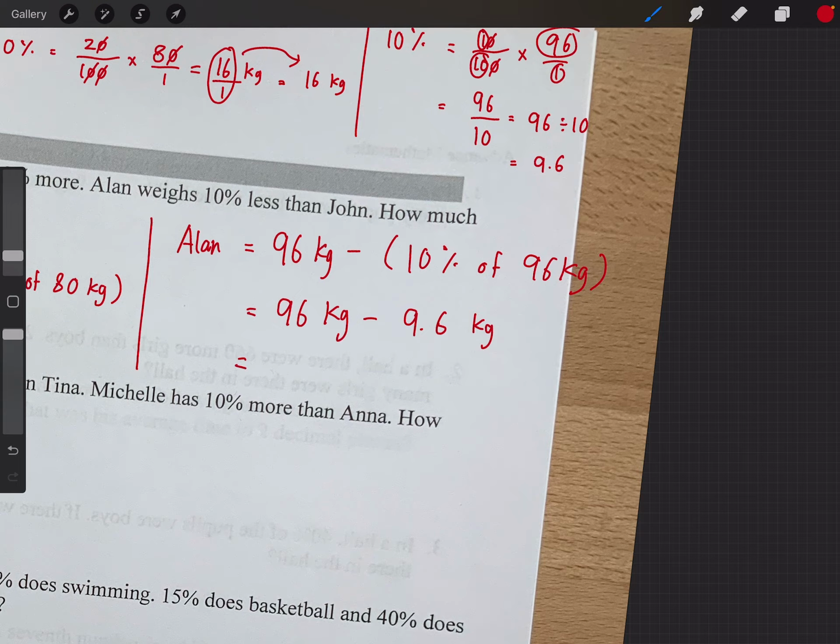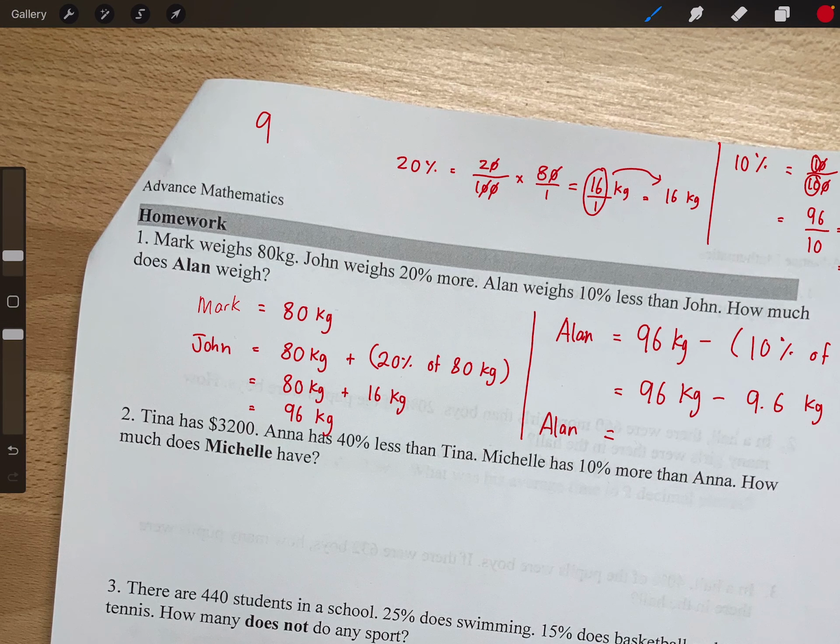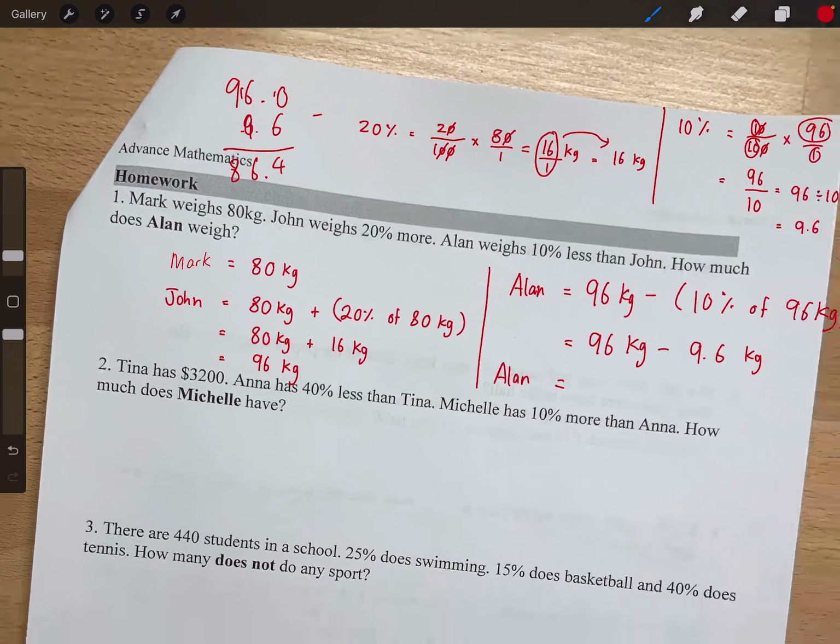Okay, so now Alan weighs 96 minus 9.6. So let's work that out. 96.0, take away 9.6. This will be a 10, 16 minus 10 is 6, and this will be an 8, so 86.4.